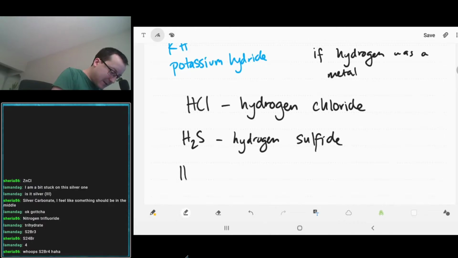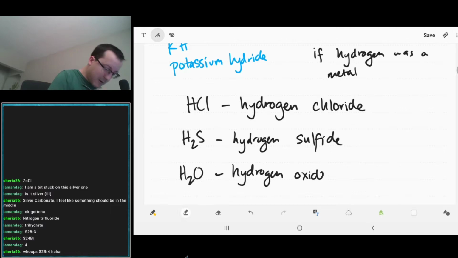Fun fact, this compound is actually best called hydrogen oxide. You may have heard of the hoax from whatever, where people were saying dihydrogen monoxide is going to get you, or whatever.